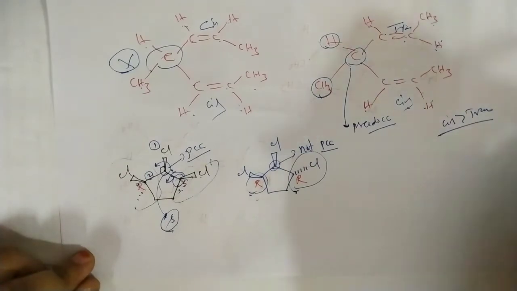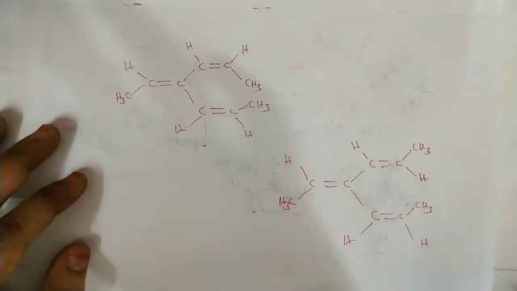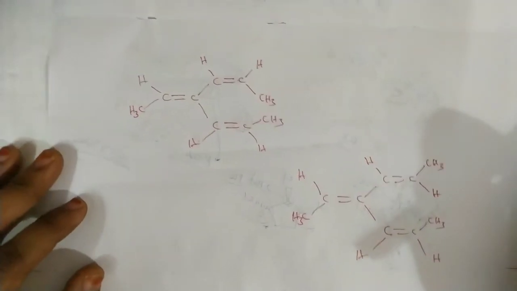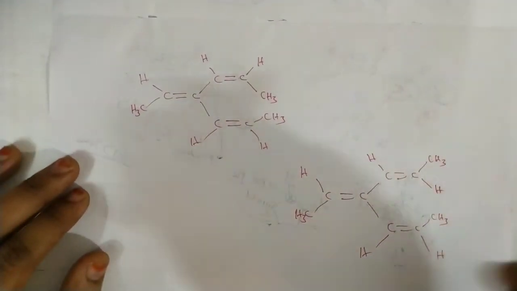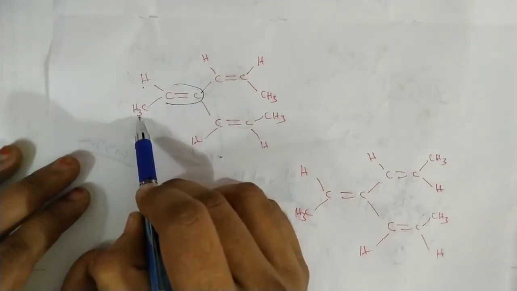That's it. And next, one more excellent example, this one. Here with respect to this double bond, it's not about the chiral carbon. In this case there is a C double bond C, this is a hydrogen and methyl.